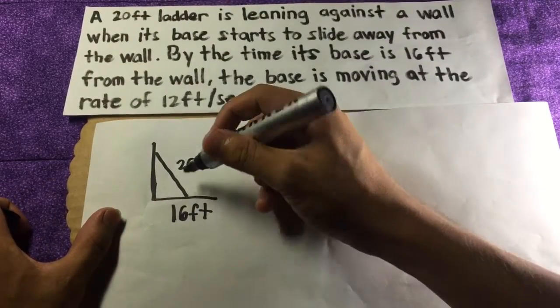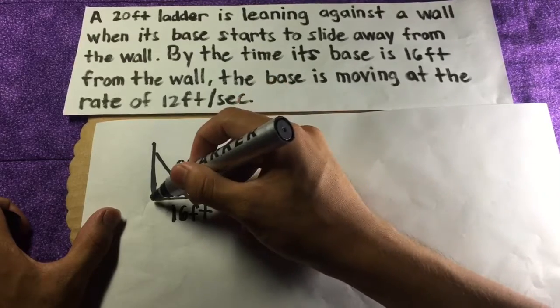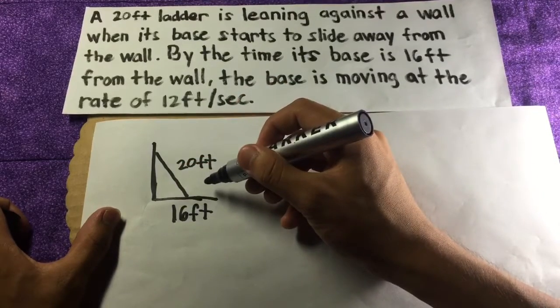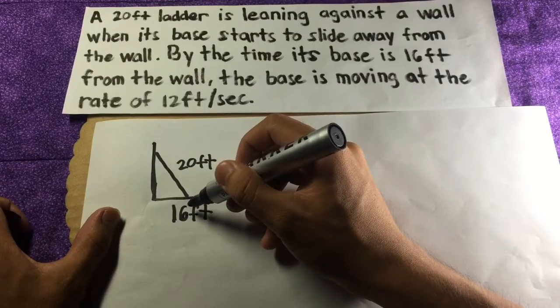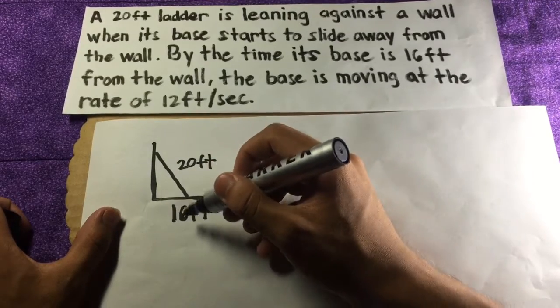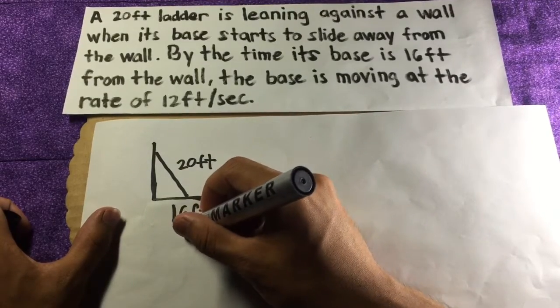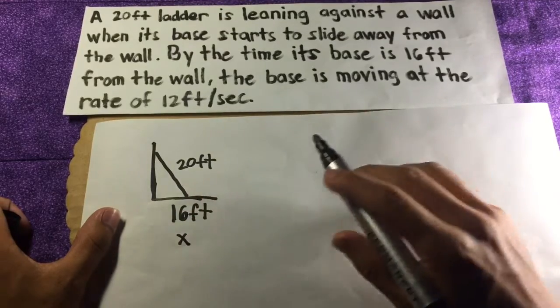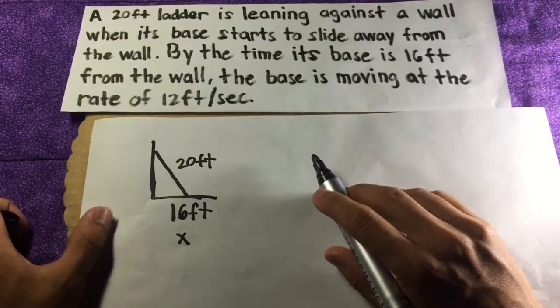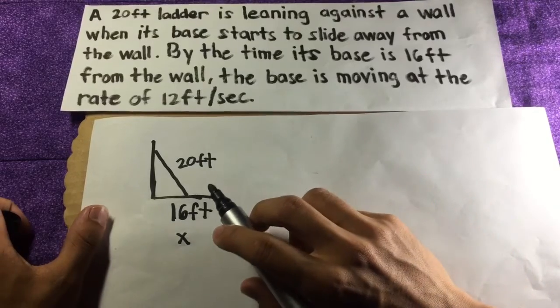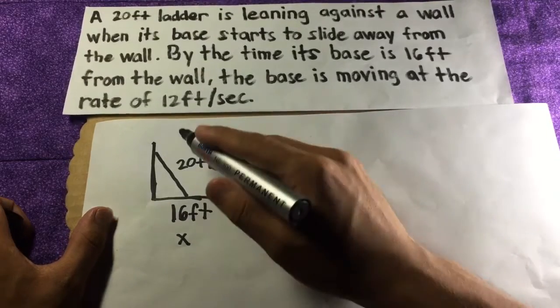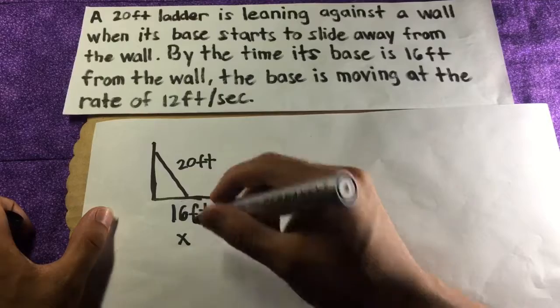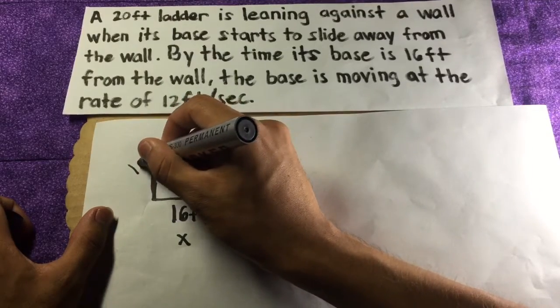So let the distance between the base of the wall and the base of the ladder be x. Then let y be the height of the top of the ladder off the ground. So this is our y.